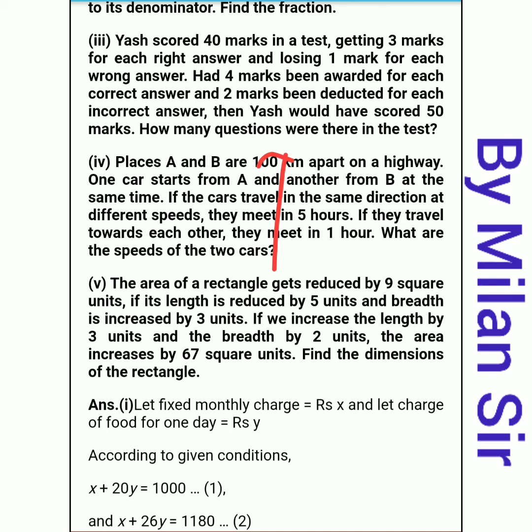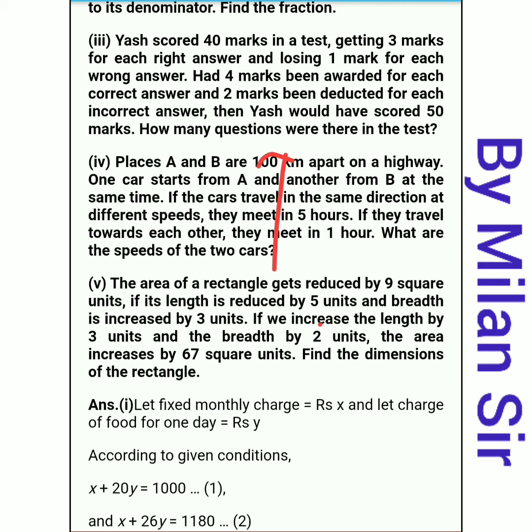Here we have two things, the right answers and the wrong answers. Right now, assume he attempted all the questions. So if we add right answers plus wrong answers, then we get the total number of questions, because whatever number of questions there are, we have the same number of answers.